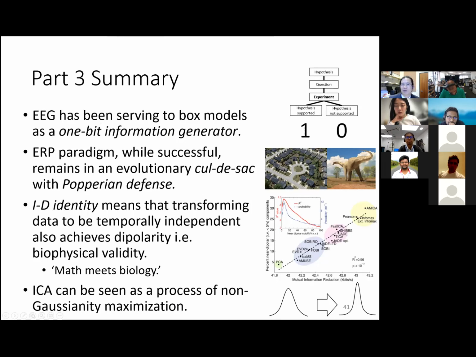That's why I thought studying ICA is one good way to get out of this cul-de-sac and do something more updated and reasonable in terms of the Silicon Valley guys. We can talk to Silicon Valley guys with no problem, because we not only study the physiology of EEG, but we also do signal processing and machine learning. That's our advantage.